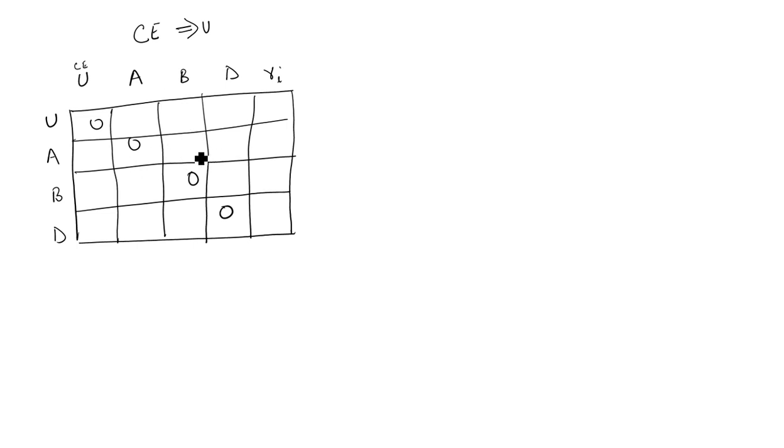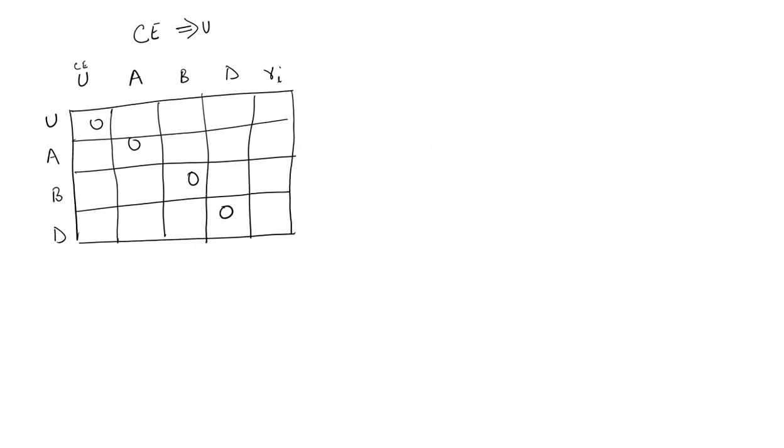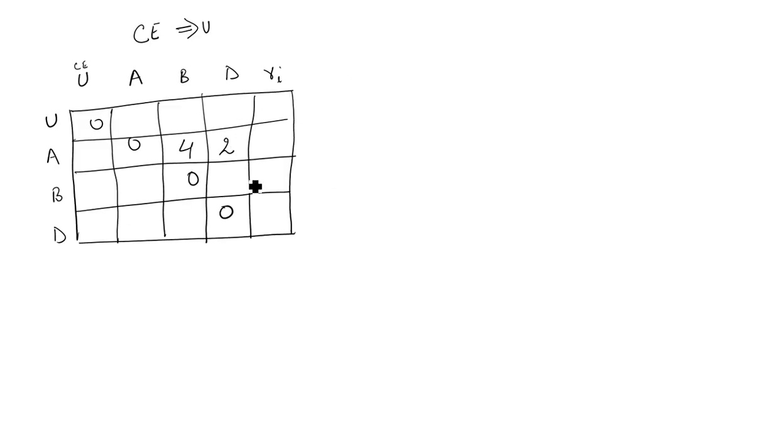We have these values available in the previous matrix. If you see AB and AD, AB is 4, AD is 2. BD is also available. BD is 6. These values are not available, so we have to calculate.